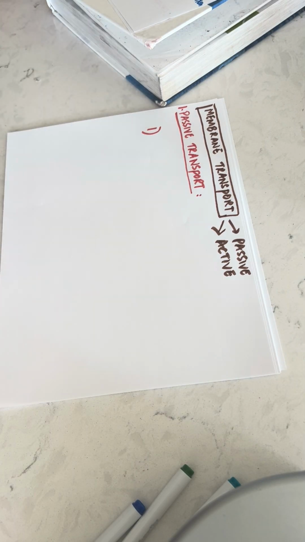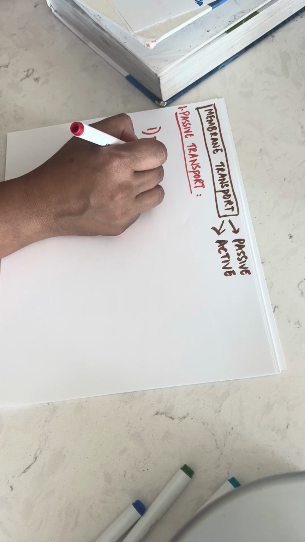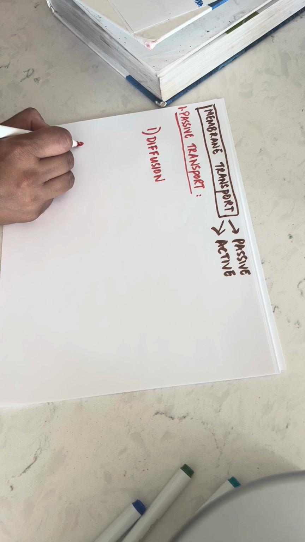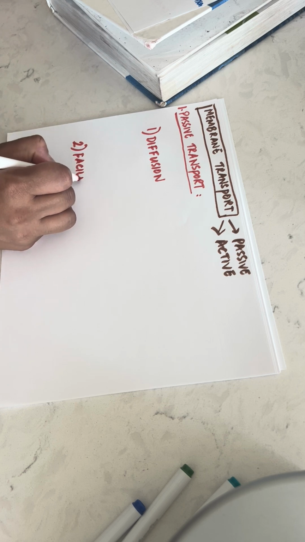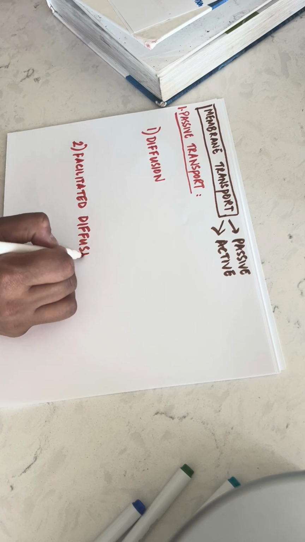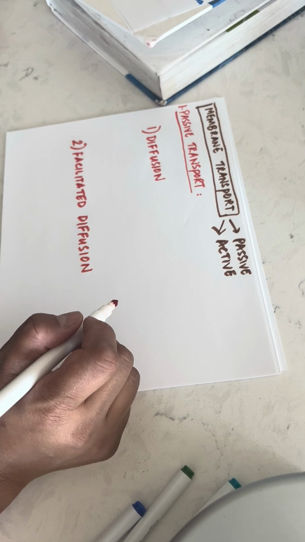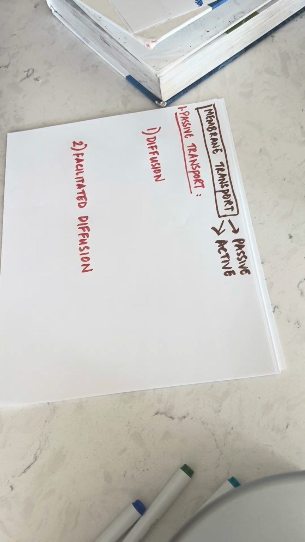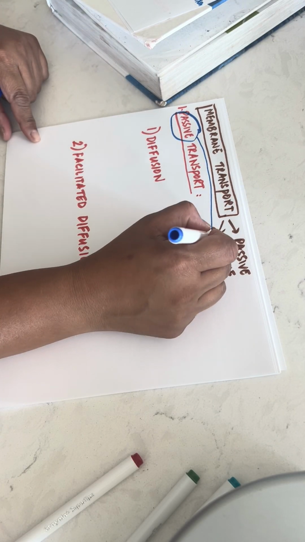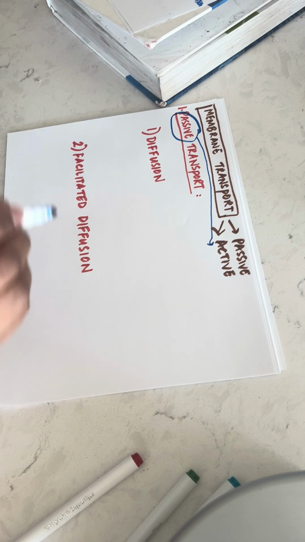One is diffusion, and the second one is facilitated diffusion. Before we get even further into this, I want to clarify a few things. Now, let's talk about passive. When we talk about passive, what does that mean? It means it's passive because it does not require cellular energy.